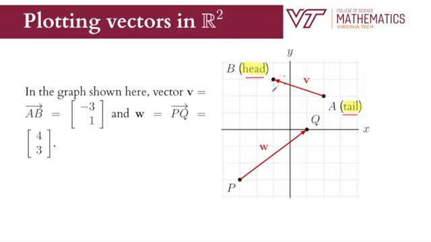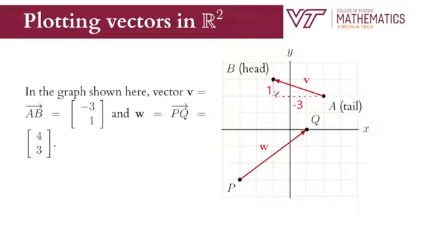And the way that we compute these coordinates is that we look at the trip that the vector v made going from the starting point to the ending point, and we split that trip up into its horizontal component and its vertical component. So to get from point A to point B, we have to travel 3 units horizontally to the left.